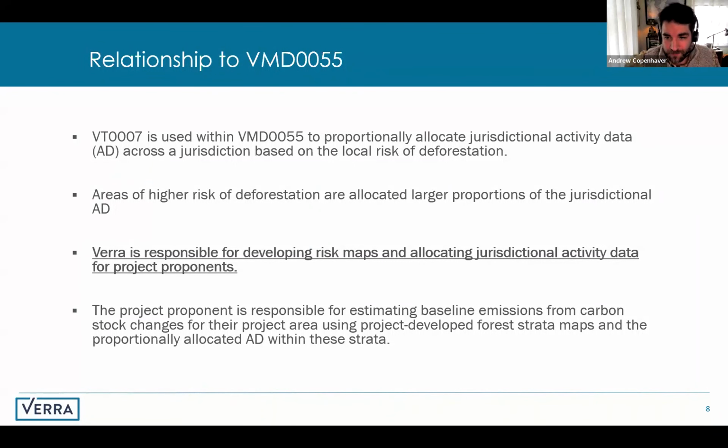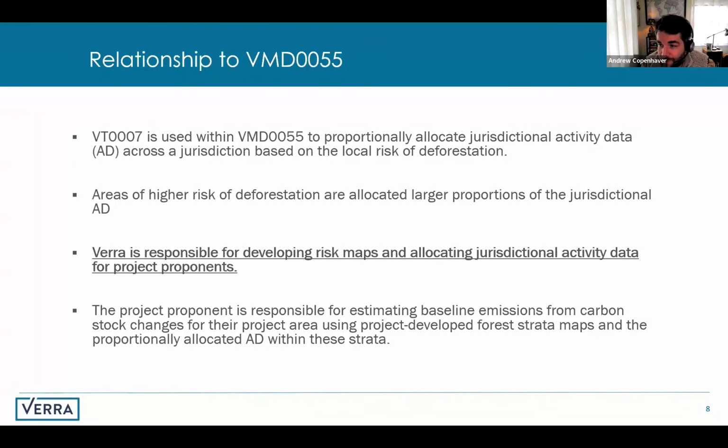How does all of this relate to VM0048 and VMD55? As you're hopefully aware, Verra has undertaken a massive effort to collect activity data estimates for over 50 countries and almost twice as many jurisdictions when considering subnational jurisdictional programs.